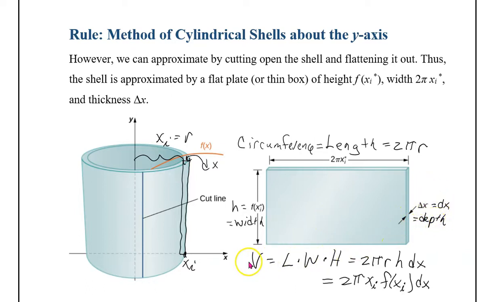The volume of the piece of gum as a box is length times width times height. The length is 2 pi r, which is 2 pi x. The width is the y value, which can be written f of x, and the height of the piece of gum or the box is the depth of it, which can be written with the differential dx.